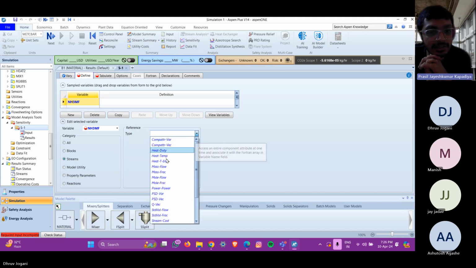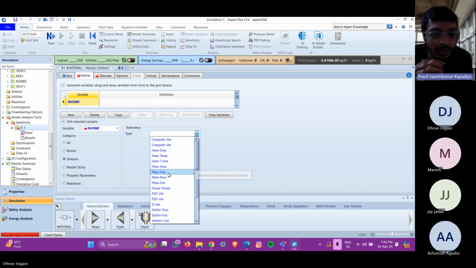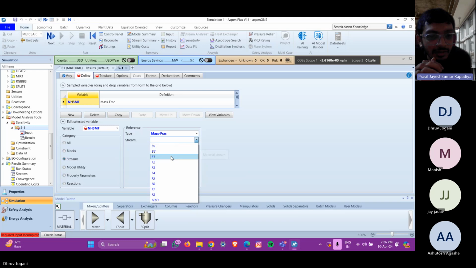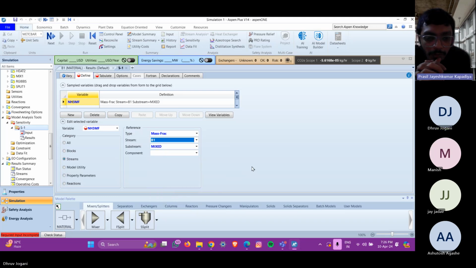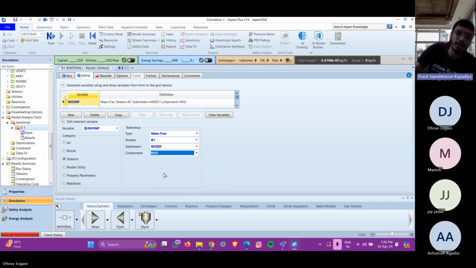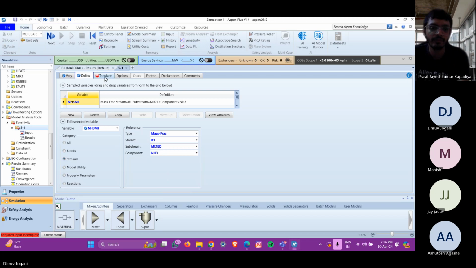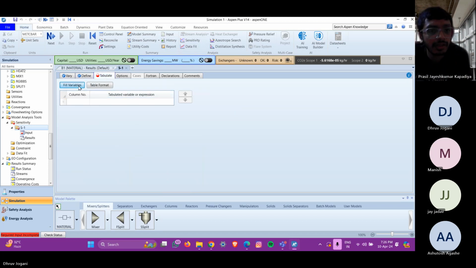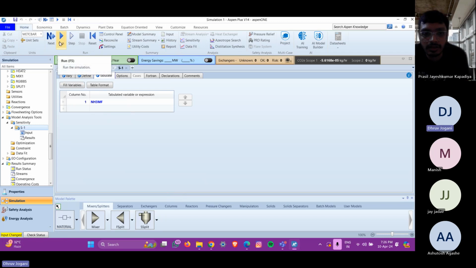Just be careful with these words. Choose mass fraction of stream B1, of component ammonia, NH3, yes, sir. Okay, so let's go to the tabulate part and see how we want to tabulate it. Run it, sir. Yeah, reset it and run it.